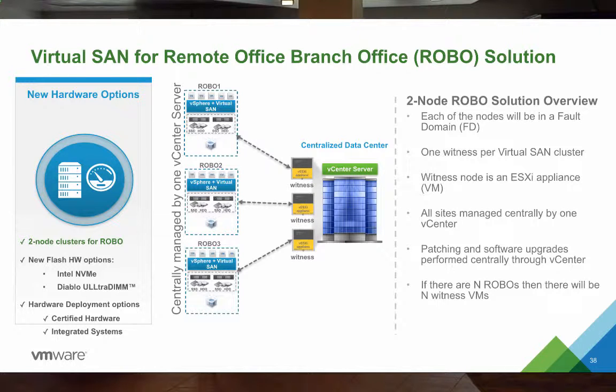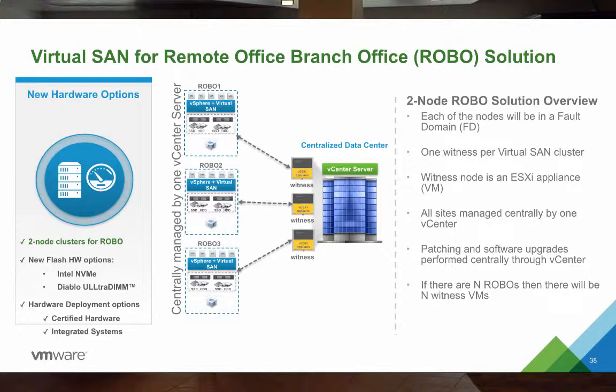Additionally, we also offer support now for 2 node clusters for ROBO. And in this diagram, we're seeing that inside of each of the individual sites. So no longer with ROBO do you have to have 3 virtual SAN hosts to create a virtual SAN inside of your remote site. You can do it now with just 2 hosts.